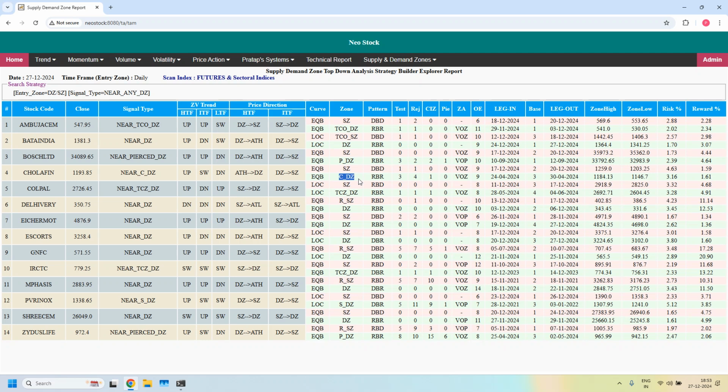Cholamandalam Finance is having a high liquidity daily demand zone. PVR INOX is pierced, so it's not valid. So we have only one valid high liquidity zone, that is Cholamandalam Finance.